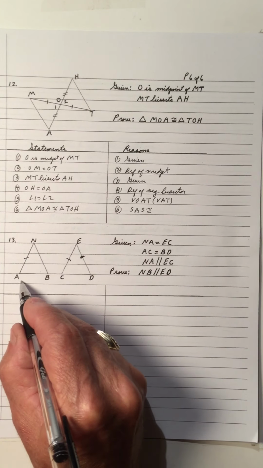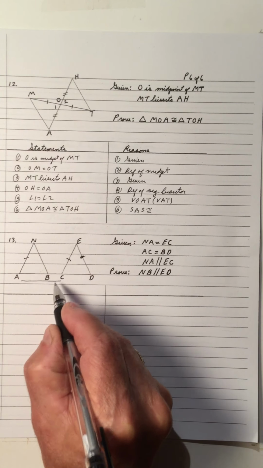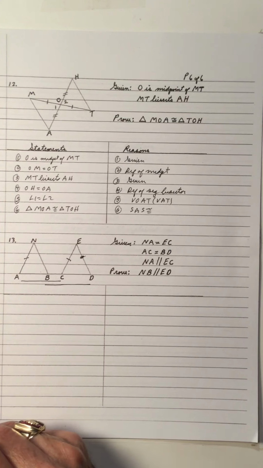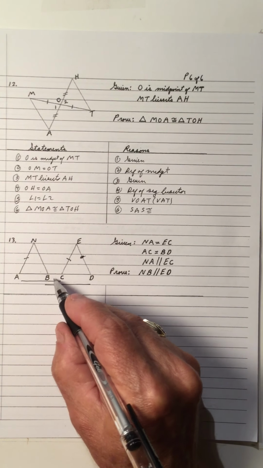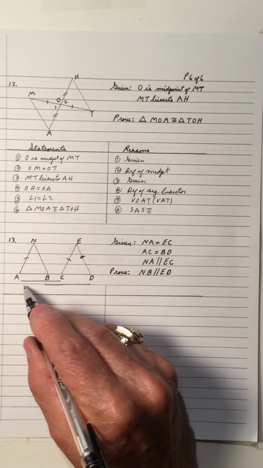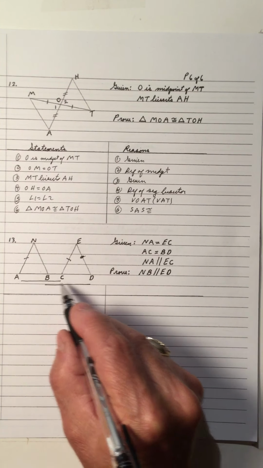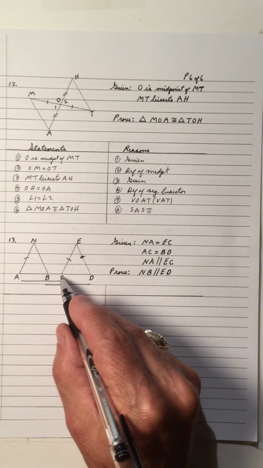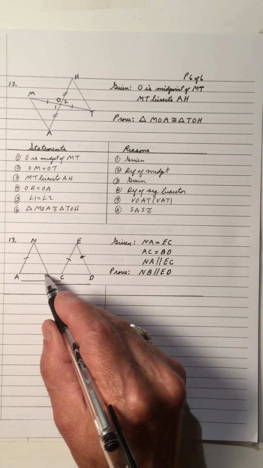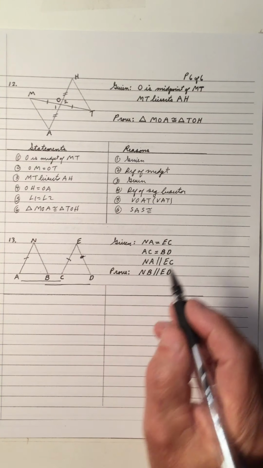AC, which is this long one, equals BD, which is this. Okay. And I can see that BC is common here. So if I subtract BC from both AC and BD, then I'll get AB equals CD. So I'll end up with this segment, AB equal to CD.